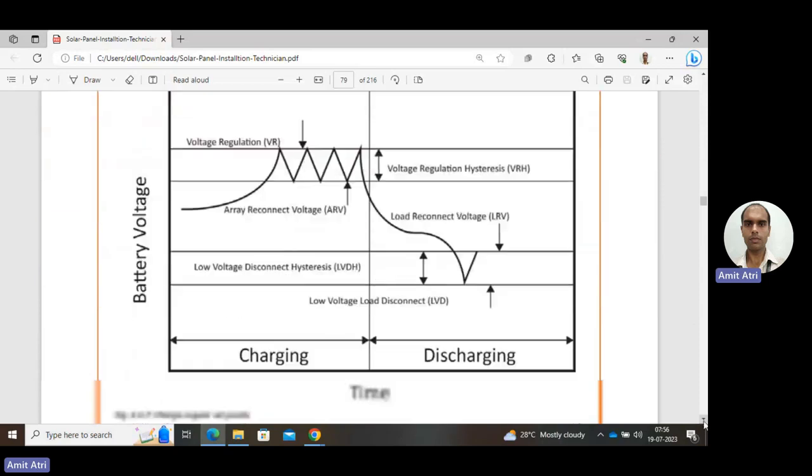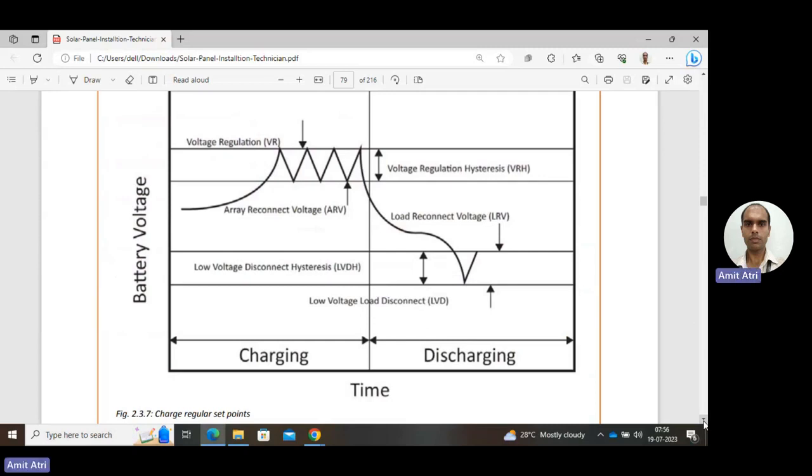So here in the diagram, both of these values are shown in the charging as well as the discharging. Voltage regulation is the maximum point. Voltage regulation hysteresis is the range for disconnecting and reconnecting the array. Next, in the discharging state, load reconnect voltage and the low voltage disconnect.